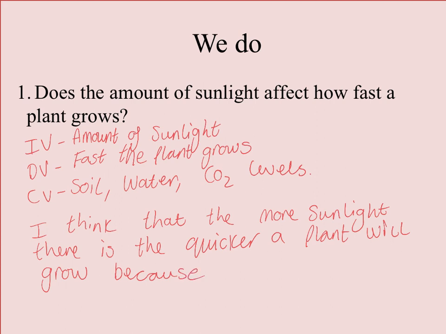Okay, and then you could write something here about photosynthesis and making glucose and how that can then be used to make energy to help the plant grow. But just because we're trying to do a lot here, I'm just going to leave it at the I think that bit. And then the last little bit you need to do is remove the I think that. So then the more sunlight there is, the quicker a plant will grow, and then you can fill in the because bit.